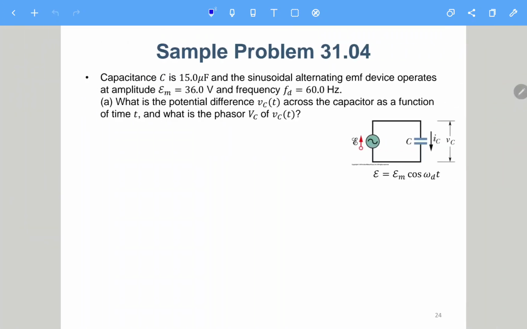Okay, next we consider an AC source connected with a capacitor. The capacitor C is 15 microfarad, and EM and FD are the same. What is the potential difference VC of t across the capacitor, and what is the phasor capital VC?